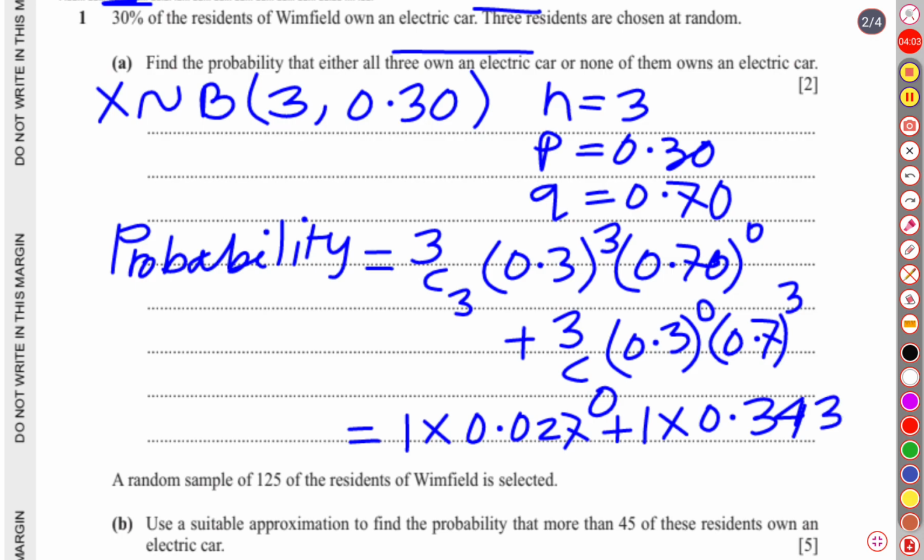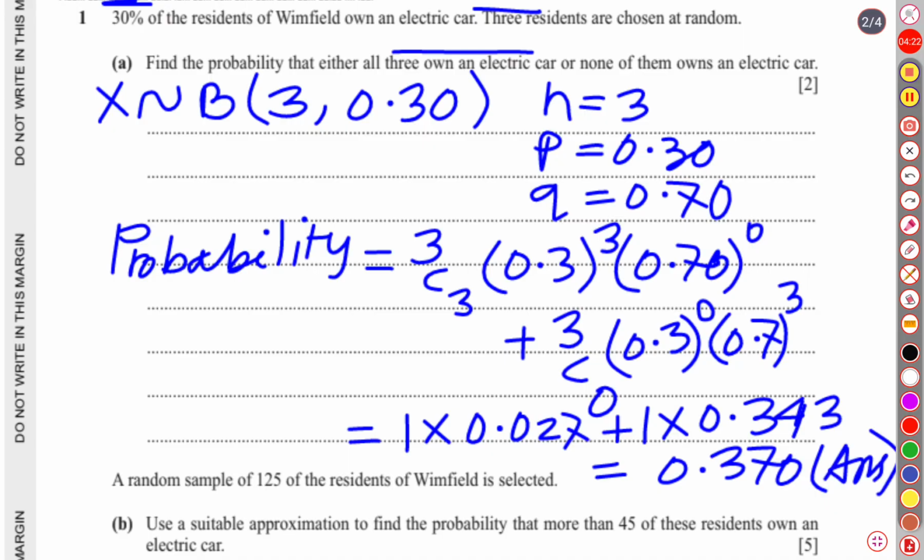So our probability, if we add 0.027 to 0.343, is going to be 0.370. 0.370 is the answer to the first part of this question.